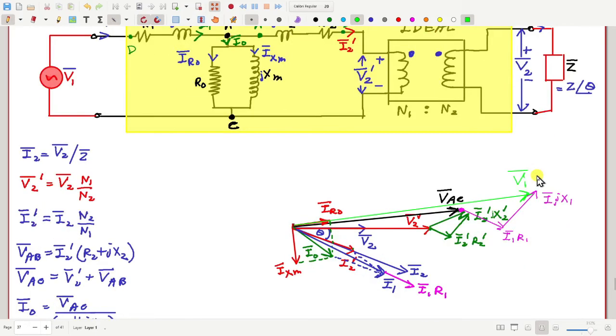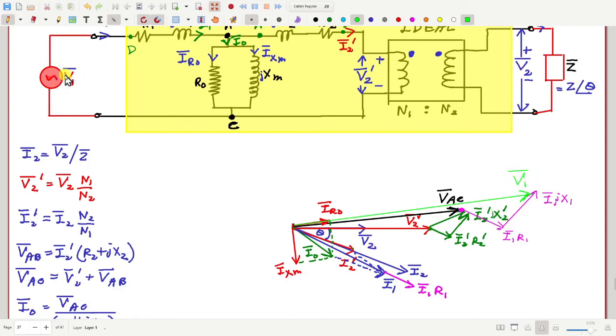Now, we have drawn the diagram, but one thing you notice is that I started from V2, which is not known a priori. Rather, V1 may be known, but I started from V2, and from that I found V1.